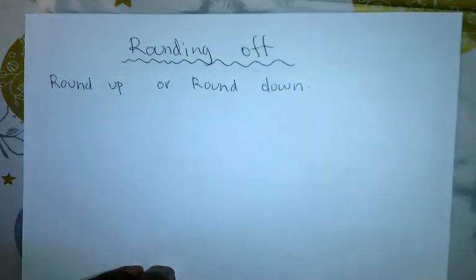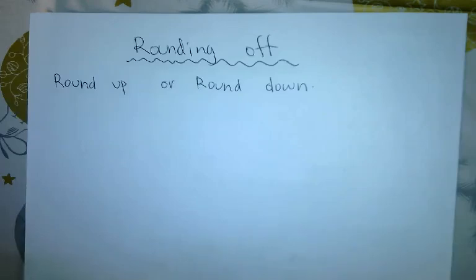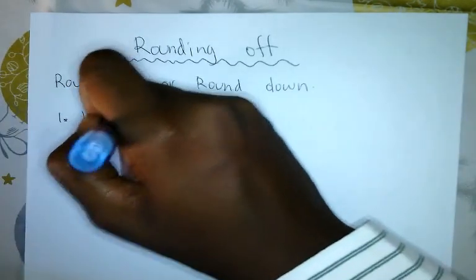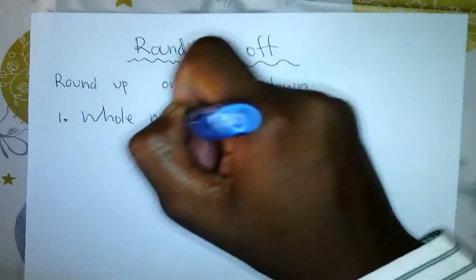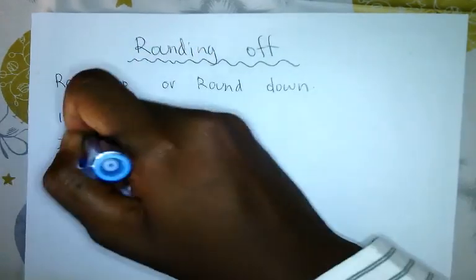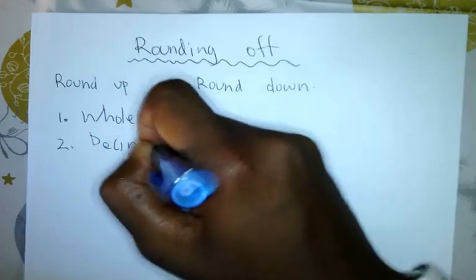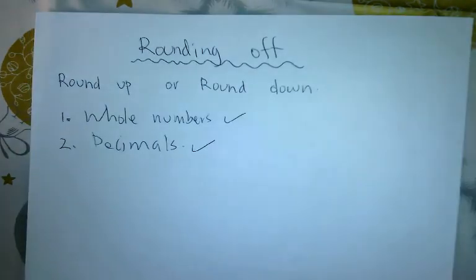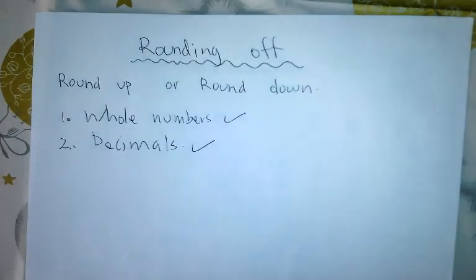So we're going to firstly do how to round off whole numbers, and then we're going to do how to round off decimals. You should know how to round off the whole numbers and the decimals.